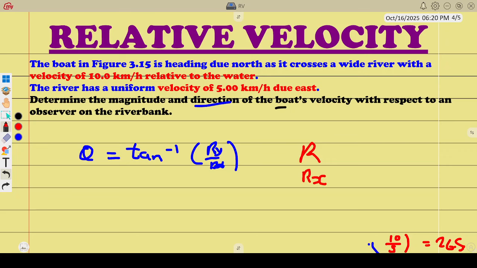I hope you remember this. Always when you calculate theta using this formula, the answer is between the resultant vector and Rx. So now let us plot the problem.